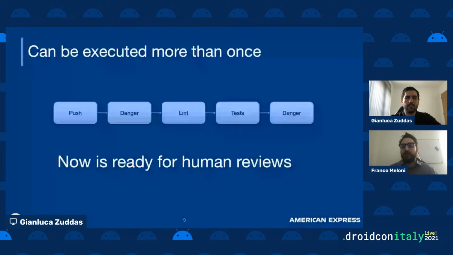So this means that you don't necessarily need to run it only once, but for example, you can run it when you push the code to verify that nothing is wrong in your added or modified files, your branch name, your PR size, etc. But then you can run it also after the build to, for example, verify that the linting process was okay, and check if there were build failures or test failures.